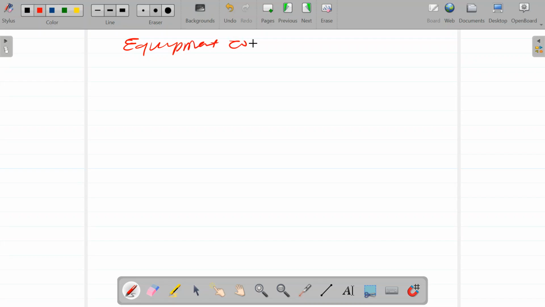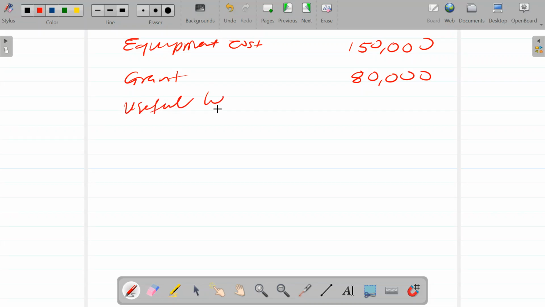The cost of the equipment is maybe 150,000, and we receive a grant of maybe 80,000. The grant we receive is 80,000, and the useful life of this equipment is 5 years.